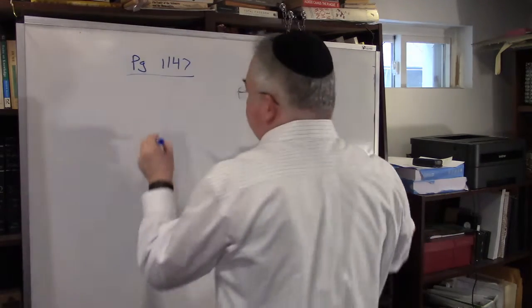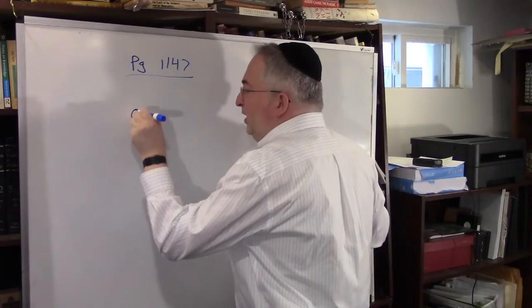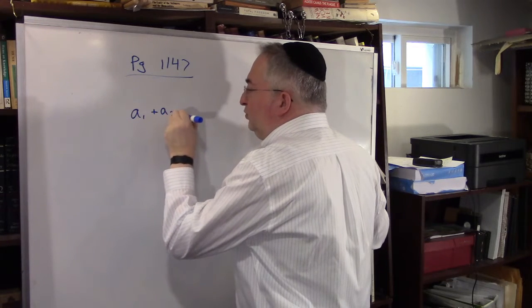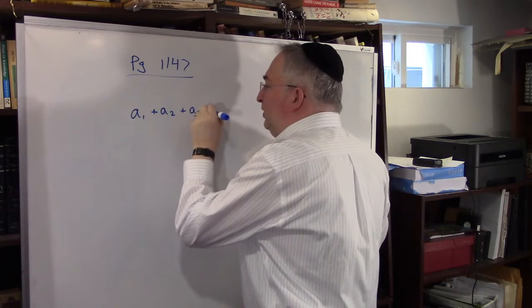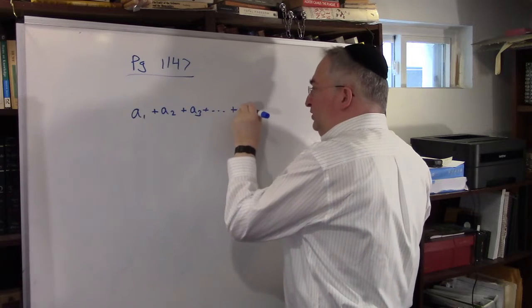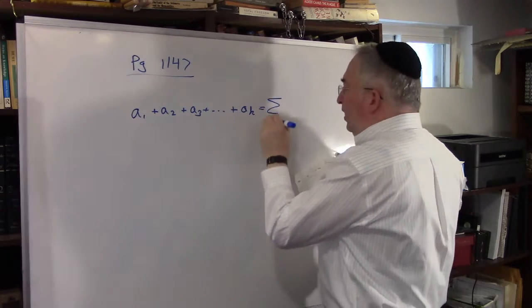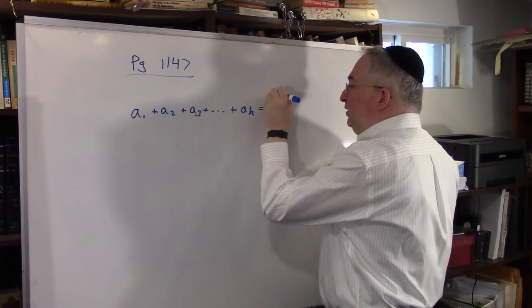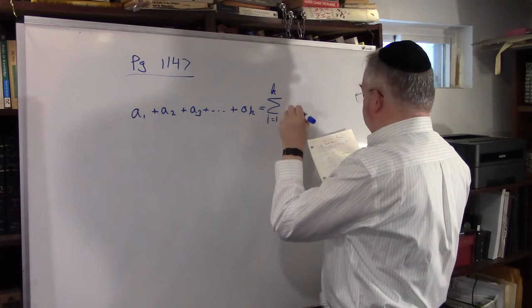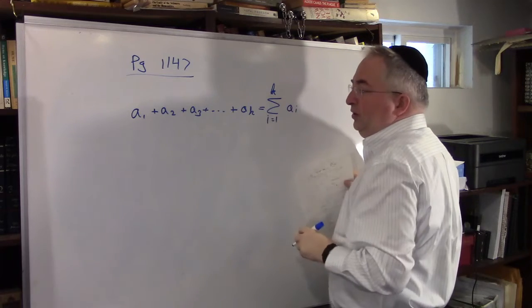Okay. Some things we saw, just to remind you: a1 plus a2 plus a3 plus, da, da, da, da. We saw this in discrete structures. We write this as the sum of i equals 1 to k of a_i. Okay?